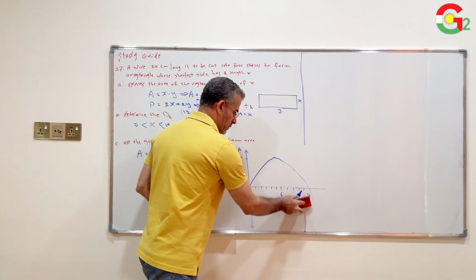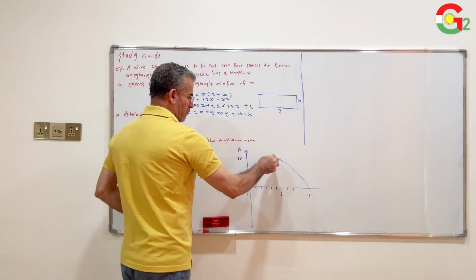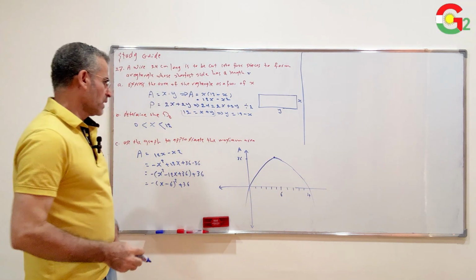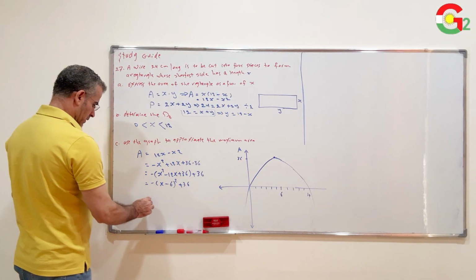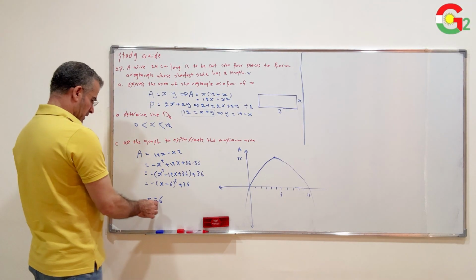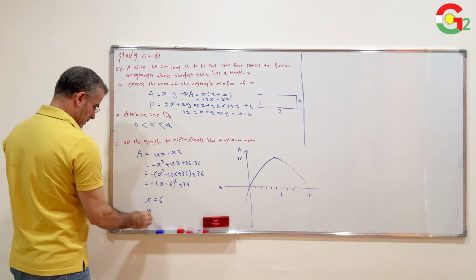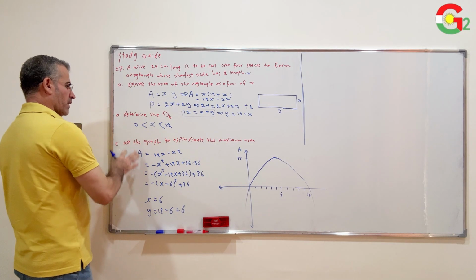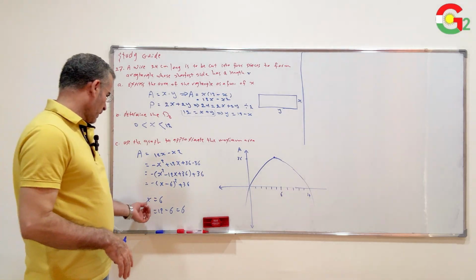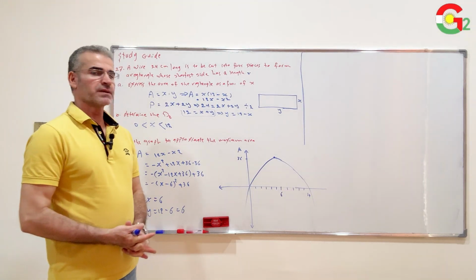Now, the maximum area occurs when x is equal to 6. If x equals 6, then y equals 12 minus 6, which also equals 6. Then the maximum area is when x equals 6 and y equals 6.